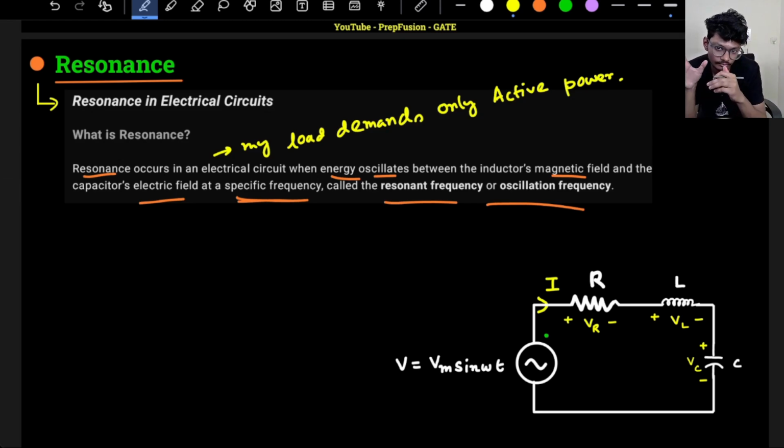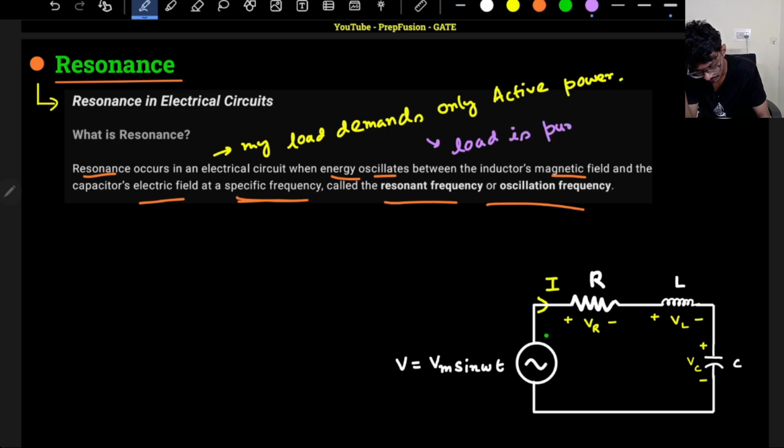Now let's discuss when it happens. When does your load only demand active power? Who consumes active power? Resistor, right? That means your load is purely resistive. Your load is purely resistive. Only in this certain condition resonance will happen.